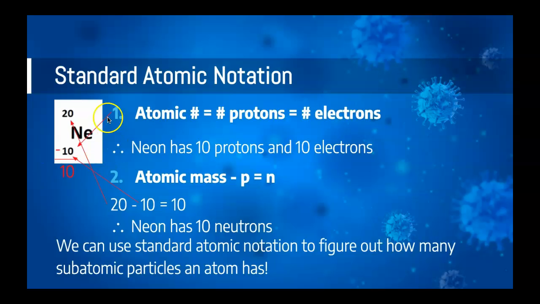So the whole point of standard atomic notation is that by setting this up, we can figure out how many protons, electrons, and neutrons every atom has. The atomic number is the number of protons and the number of electrons, and then we take the mass minus the atomic number to give us the number of neutrons.